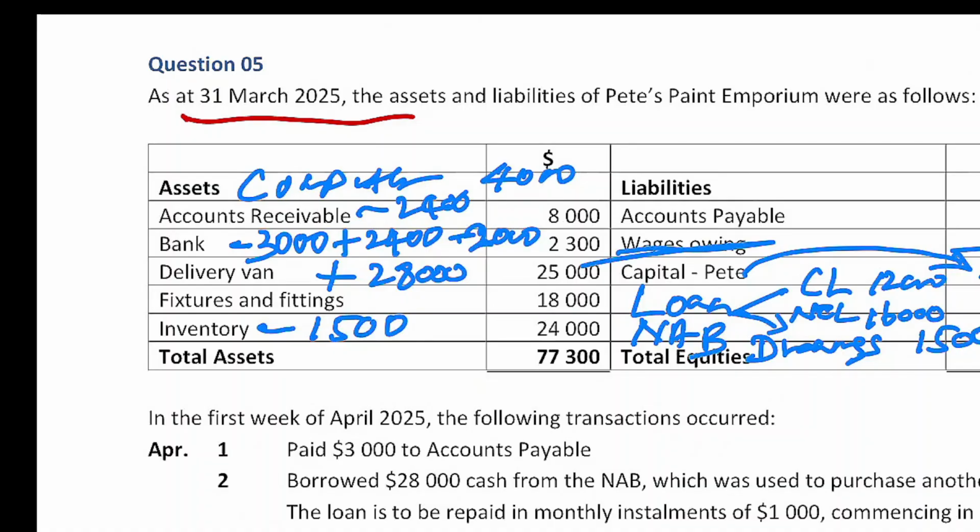I'm getting a bank overdraft of 300. My answer, I'm getting bank overdraft 300. Is it correct? Because I did it manually, I don't have a calculator.